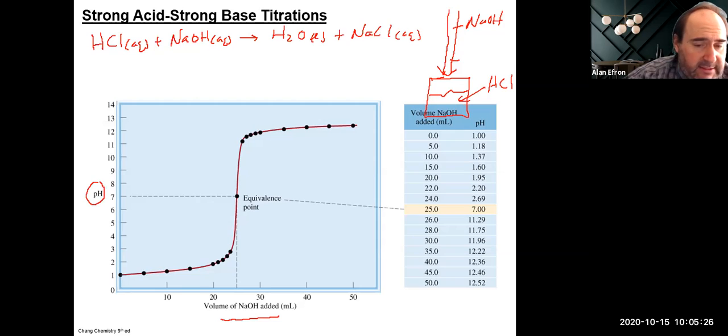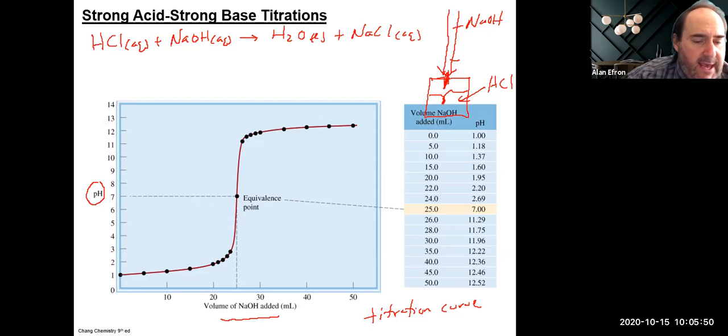This is what is known as the titration curve. A titration curve measures the pH as you continue to add base, so it continuously measures the pH all the way along. This is the classic S curve that a titration curve looks like.